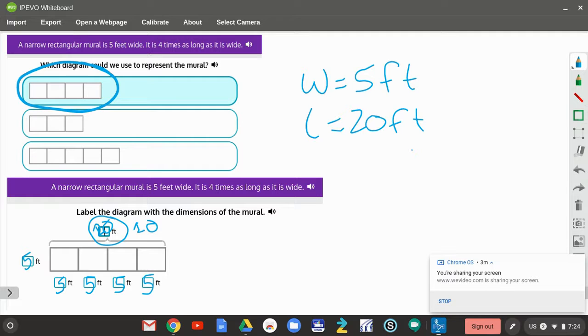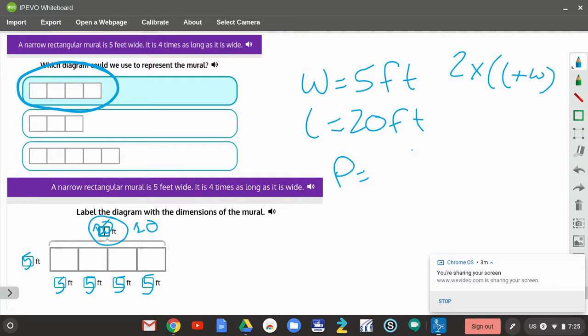So if I was asked to find the perimeter and the area, for perimeter, remember, I just add up all the sides. Or I can use the formula 2 times length plus width.